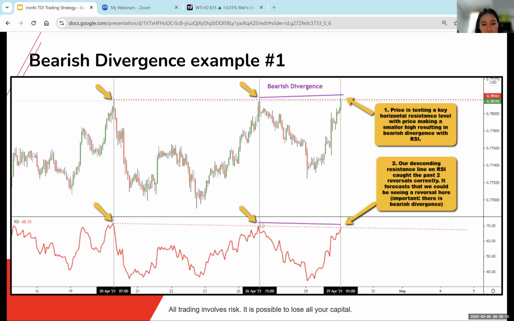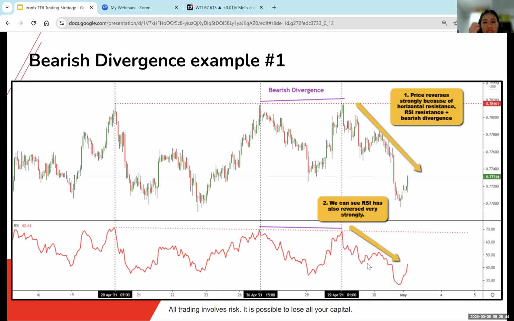You can see there is a slight decrease over here. It's not a straight line, even though it kind of looks like it on first glance, it is sloping downwards slightly. Our descending resistance line on RSI caught the past two reversals correctly, and it forecasts that we could be seeing a reversal here.